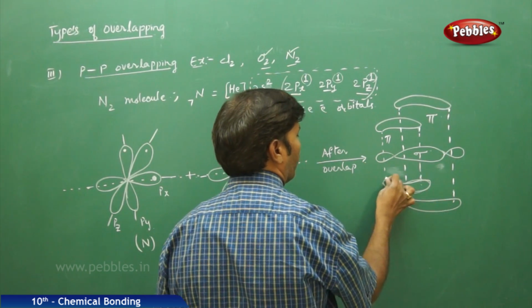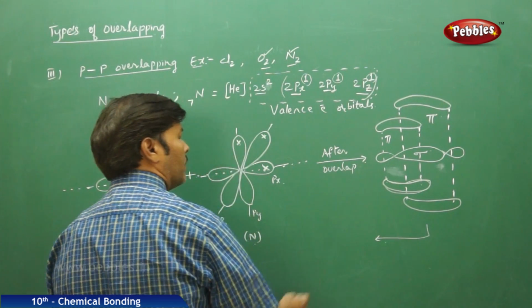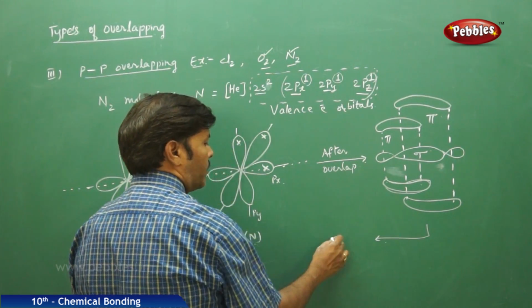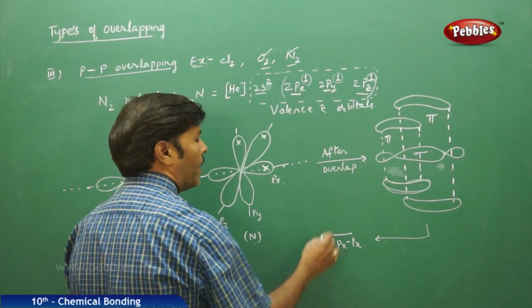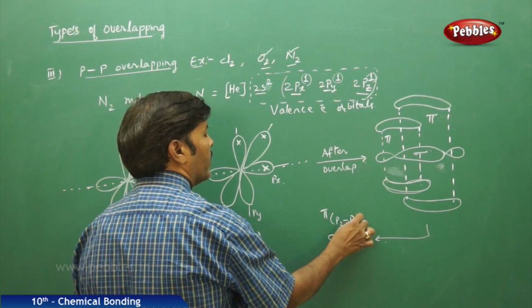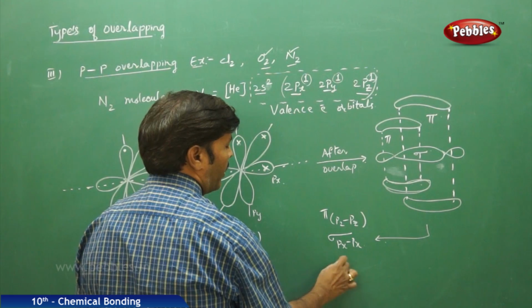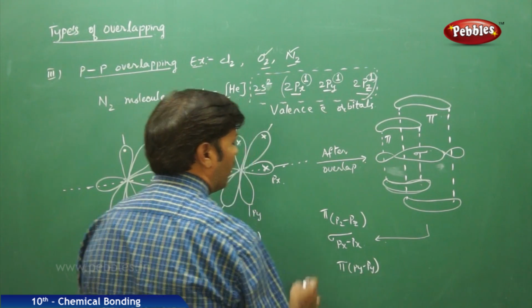Two pi clouds are formed. So therefore we can come to one conclusion that here the sigma bond is formed because of px to px orbital overlap, and one pi bond is formed because of pz to pz overlap. Another pi bond is formed because of py to py atomic orbital overlap.